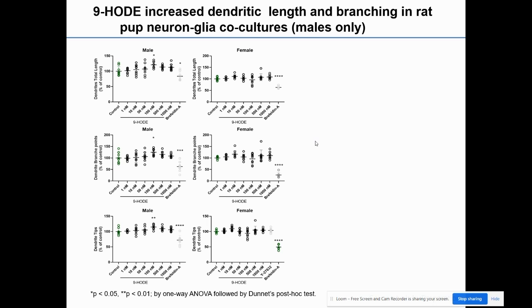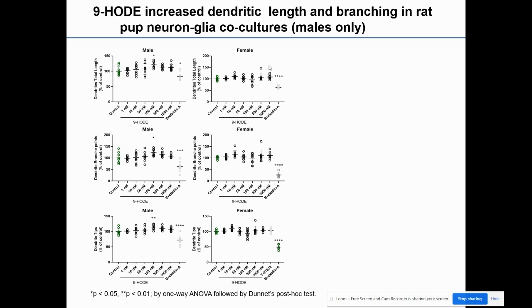We also moved to cell culture studies with Dr. Pam Lein at UC Davis, and showed that these OXLAMs are also involved in regulating neuronal morphology in developing rats. And they do so in a sex-specific manner.